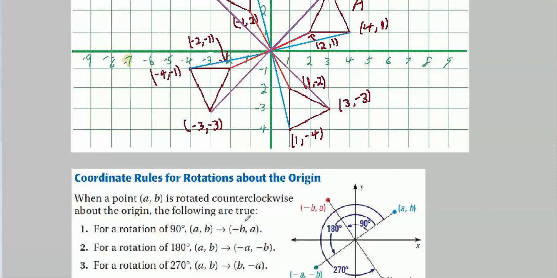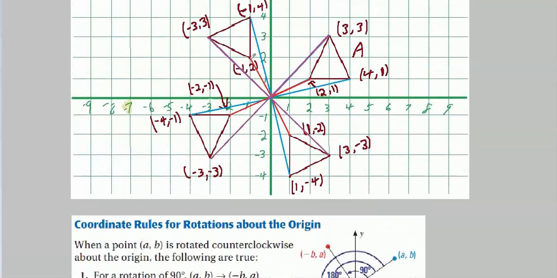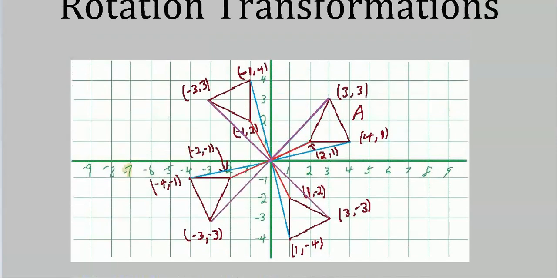Here, for 90 degrees, we swap them and take the negative of the first coordinate. Here we do the same thing, we swap them, but we take the negative of the second coordinate. And for this one, we don't swap anything, we just take the negative of each coordinate. It's really pretty easy. And when we do that, this is what we get, these three different rotations here.